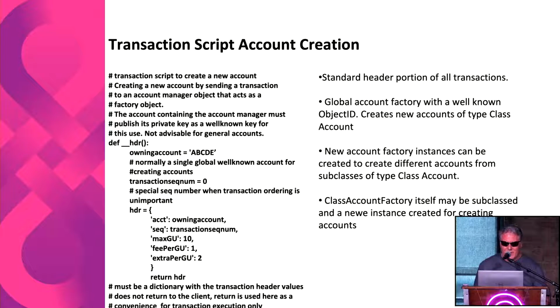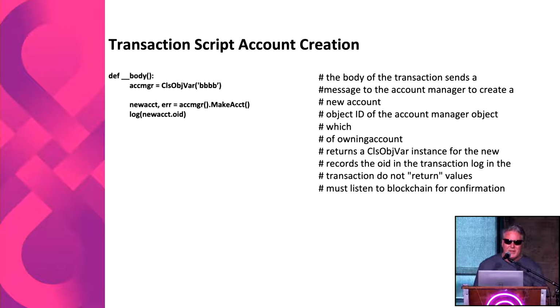And you send a message to that account that says, make me account. And then you have a new account. The only other piece there is you want to know what the object ID of the account you created is so that you can send messages to it. So you log that, and then you can go retrieve it. And you then have your own account. And obviously you can do this as many times as you want. I don't think I do the tail because that's obvious. So next slide.